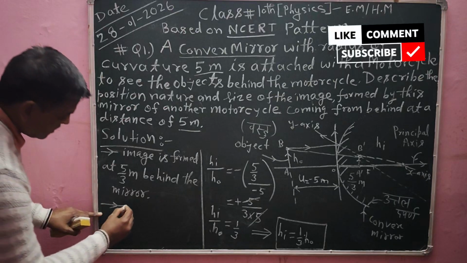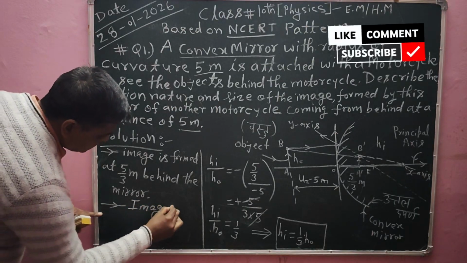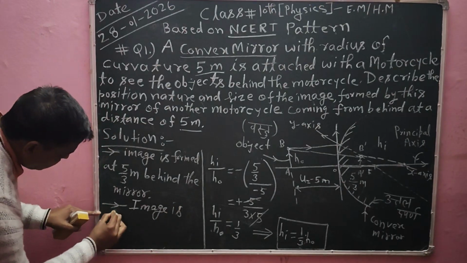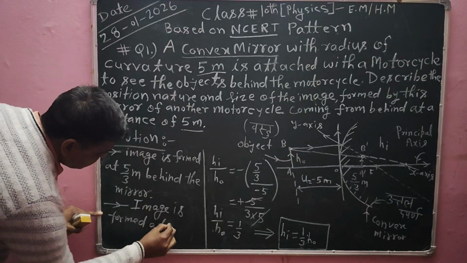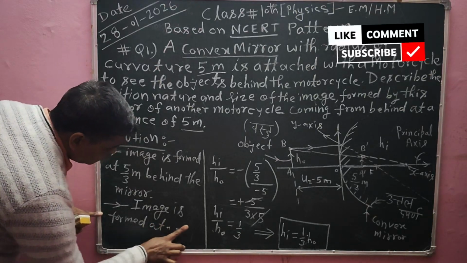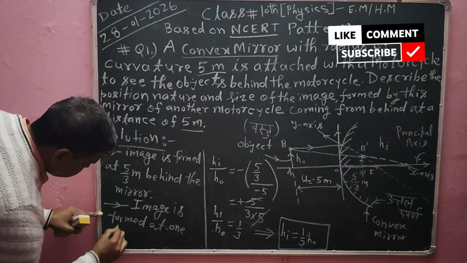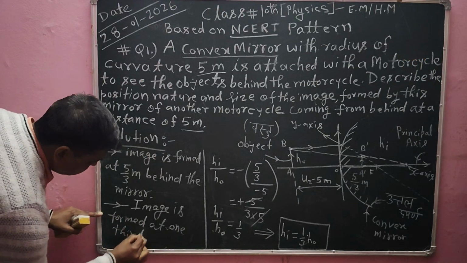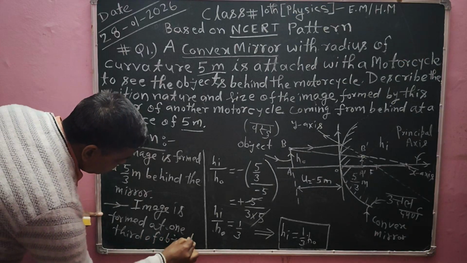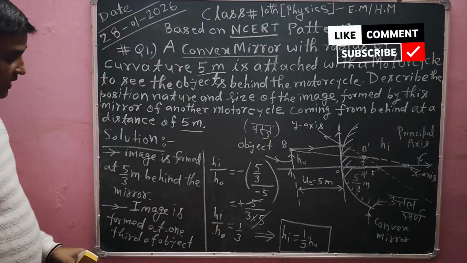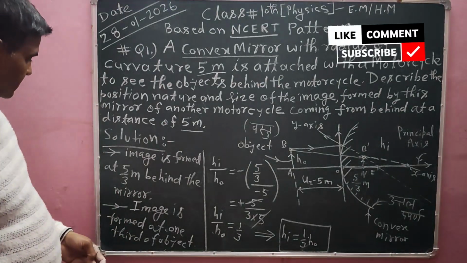Image is formed at 1/3. Here I will write 1/3 of object. It is erect and virtual in nature.